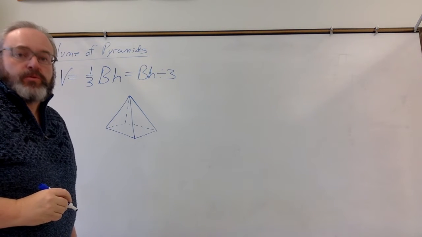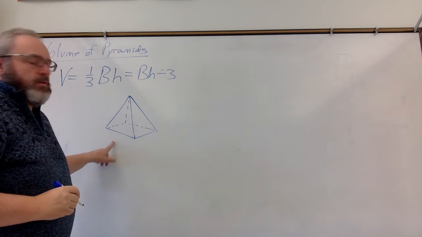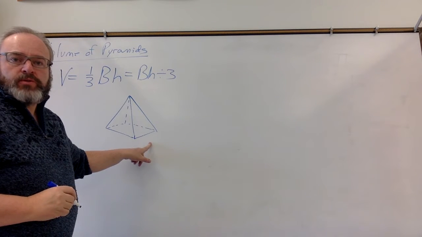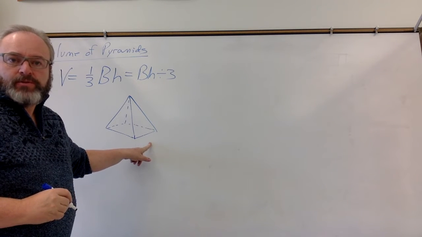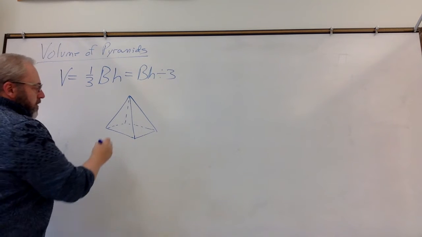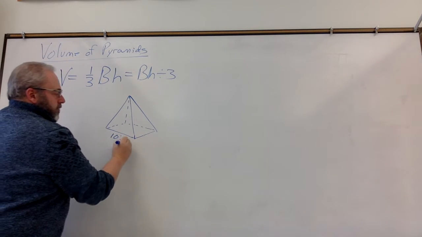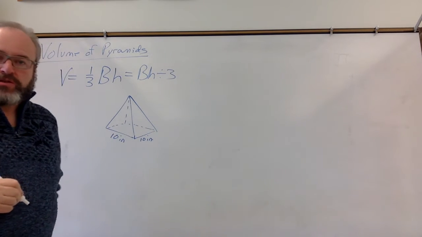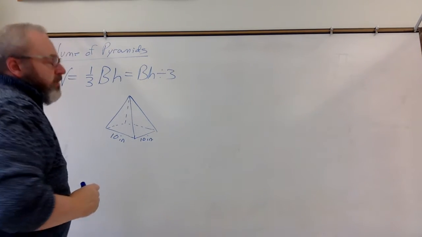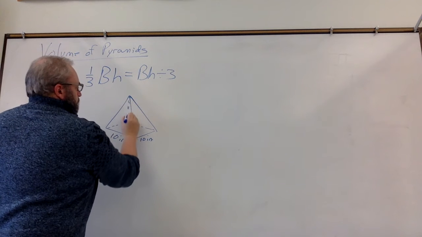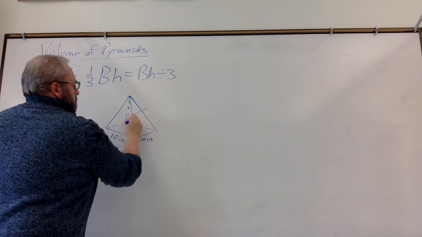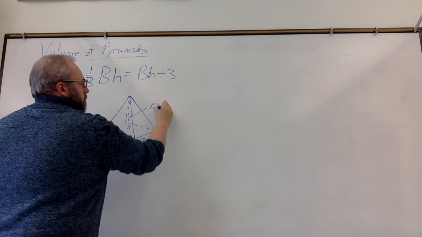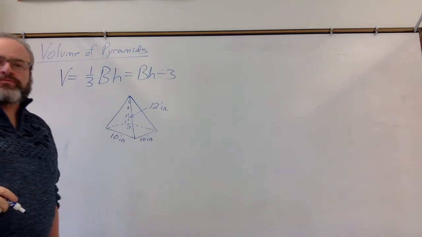We need to know a couple measurements. We need to know the lengths of these sides, and this will work with a square pyramid or a rectangular pyramid. And let's say that along the bottom, 10 inches by 10 inches. So this is a square pyramid. And we need to know the height as well. So let's say the height is 12 inches.